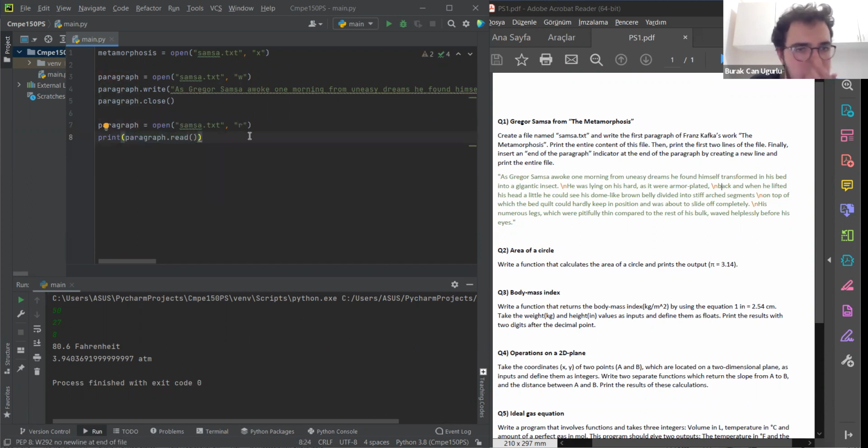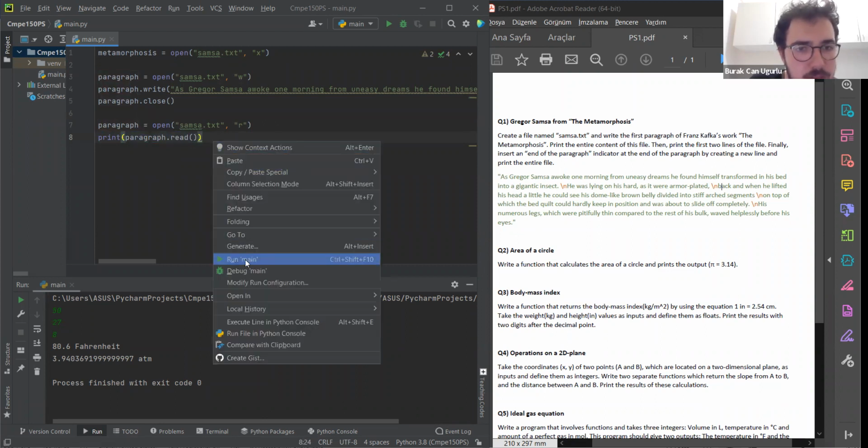So this function will open the paragraph as read only, and it will read these values in the file, and it will print it in the paragraph that reads that should be written.